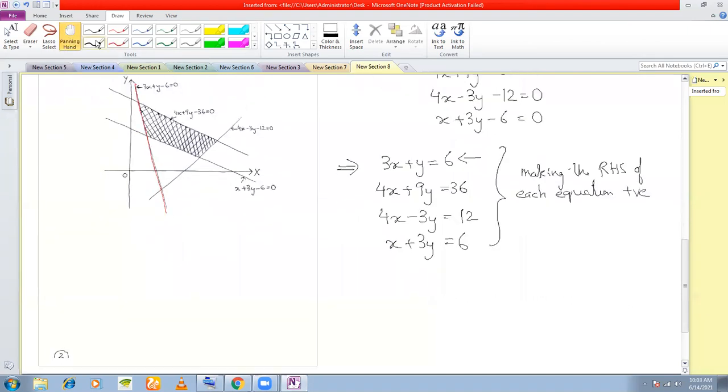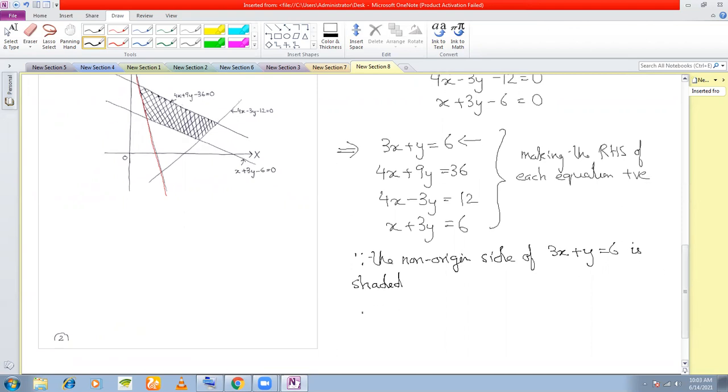Now, since the non-origin side of 3x plus y is equal to 6 is shaded, therefore we'll give a less than or equal to sign here.